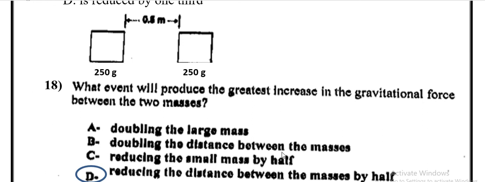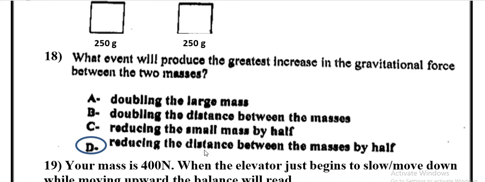Doubling the distance will decrease the gravitational force, so this answer is not correct. Reducing the smaller mass by half is also incorrect. Decreasing the distance between the masses by half will increase the gravitational force by a factor of 4. This is the greatest gravitational force.